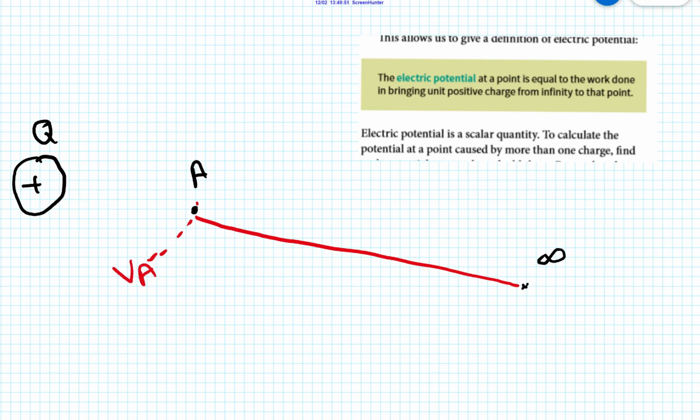And this is what we are about to find. Now to drag this electric charge, we need to exert a force F along this distance, which is R. The whole distance.